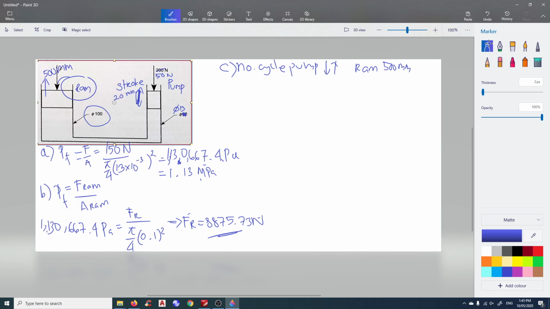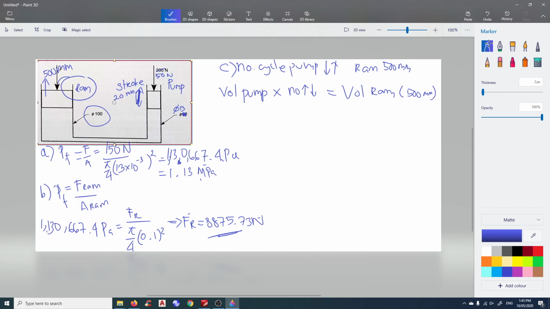So we can say the volume of the pump multiplied by the number of up and down strokes will equal the volume of the ram, given it's going to move 500 mil.